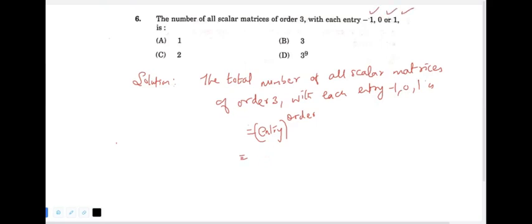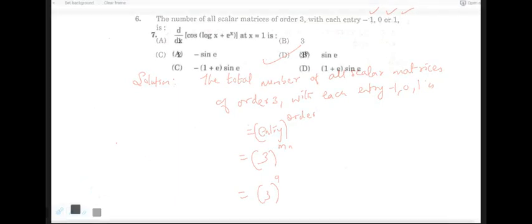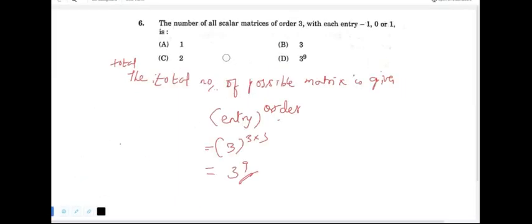There are 3 entries, and the order is m into n, which for us is 9. So the answer is D, 3 to the power of 9.